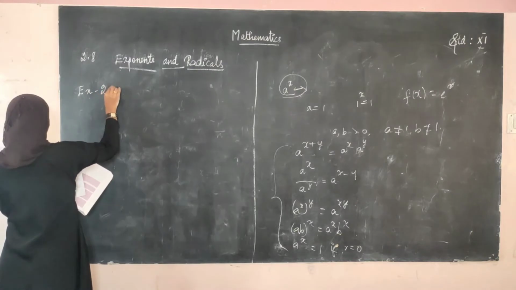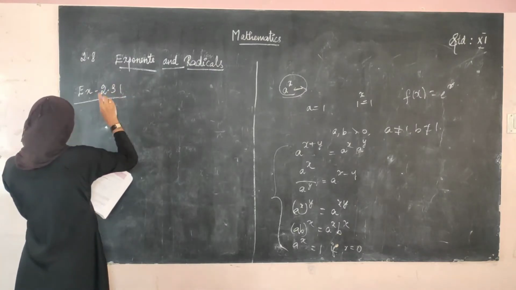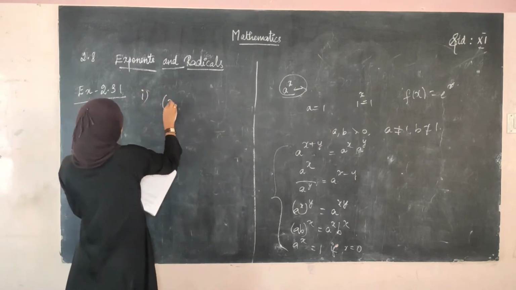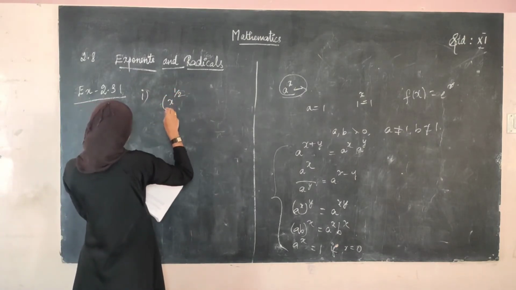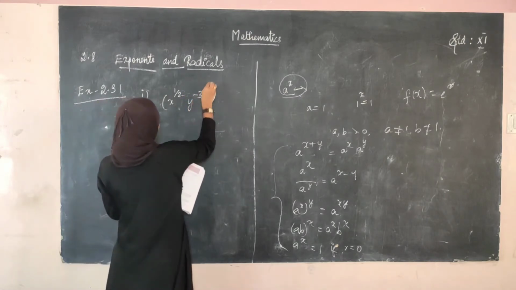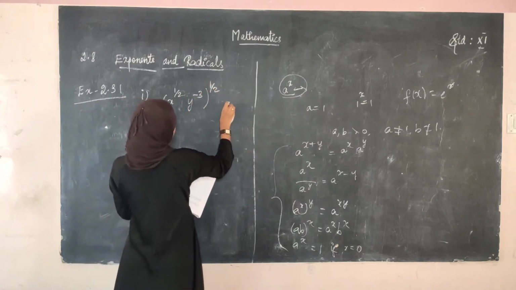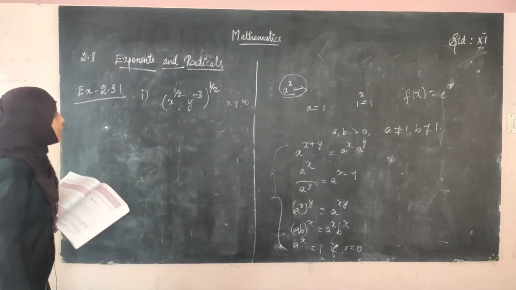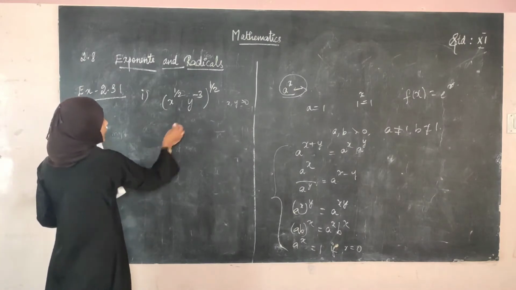Example 2.31. Simplify. In the first subdivision they have given: simplify x power 1 divided by 2, y power minus 3, the whole power 1 divided by 3, where x, y is greater than or equal to 0. First let us simplify this.